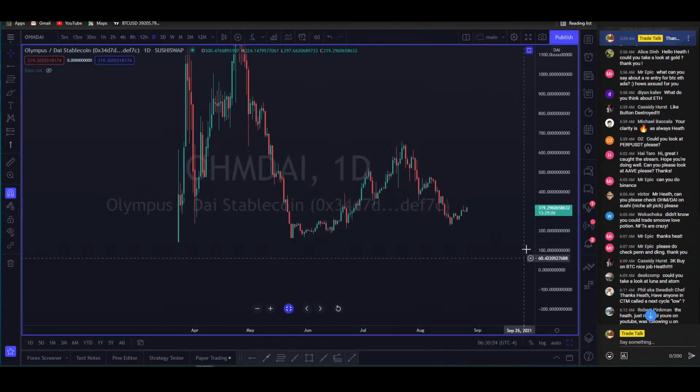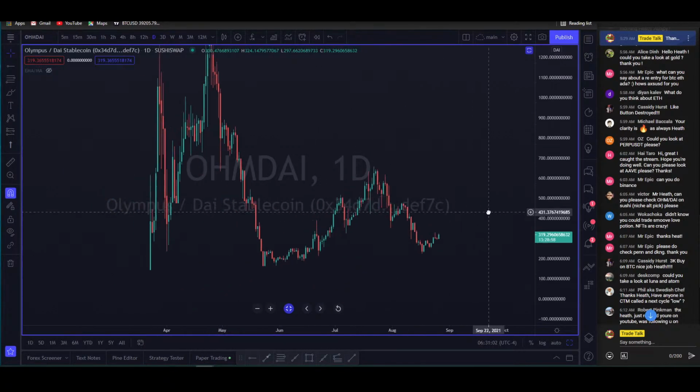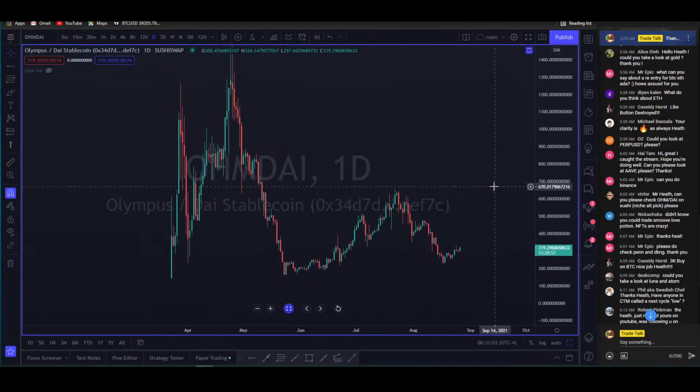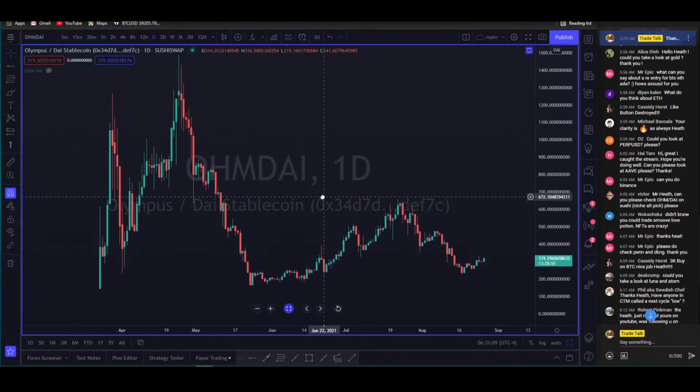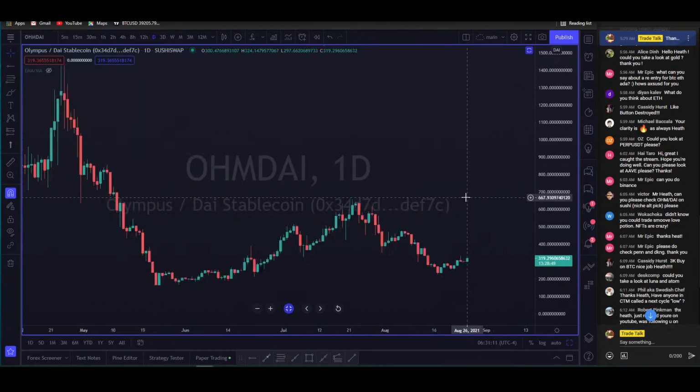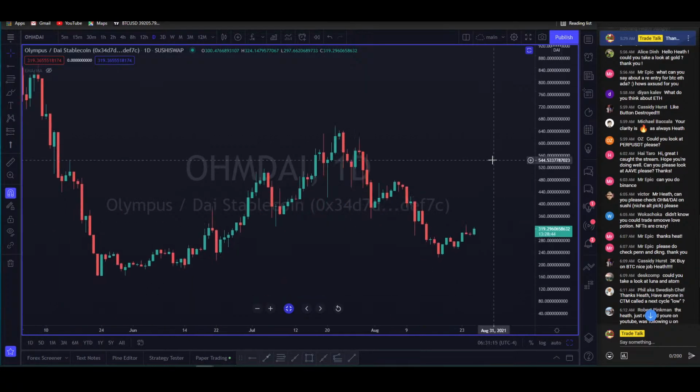Okay, so what is this? 0x34D7DDEFC. Just code craziness. I don't know much about this thing. It doesn't have much liquidity. But let's see what it's trying to do.